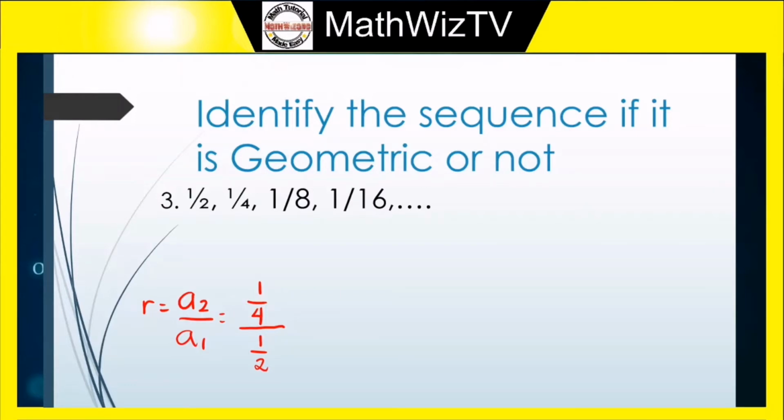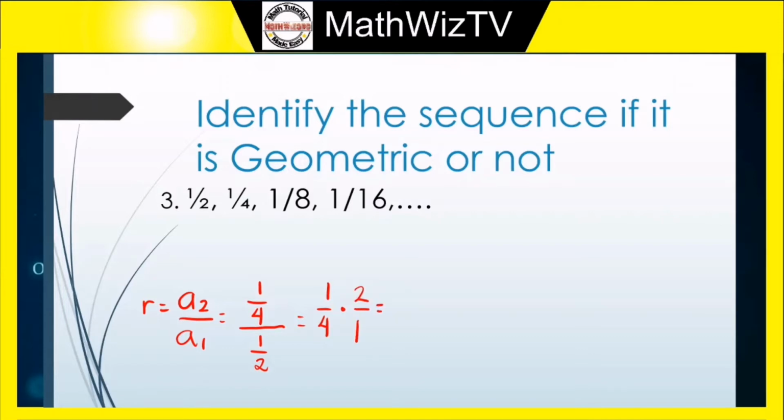Again, in dividing fractions, what we will do is copy the numerator, which is 1/4, and then change the operation from division to multiplication, and then get the reciprocal of the denominator. So 1/2, the reciprocal is 2 over 1.